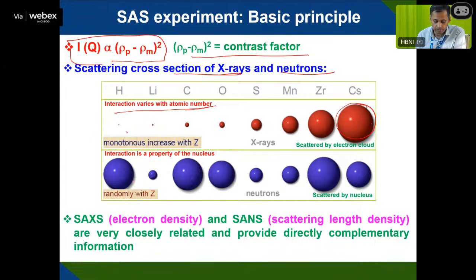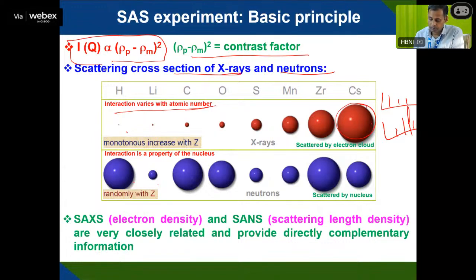In case of the nucleus, you can see the size. In case of hydrogen we get negative, then for cesium again small, but zirconium is quite high. Because of that, as I discussed, high angle X-ray peak intensities are less, but in case of neutron diffraction we have random types of peaks.